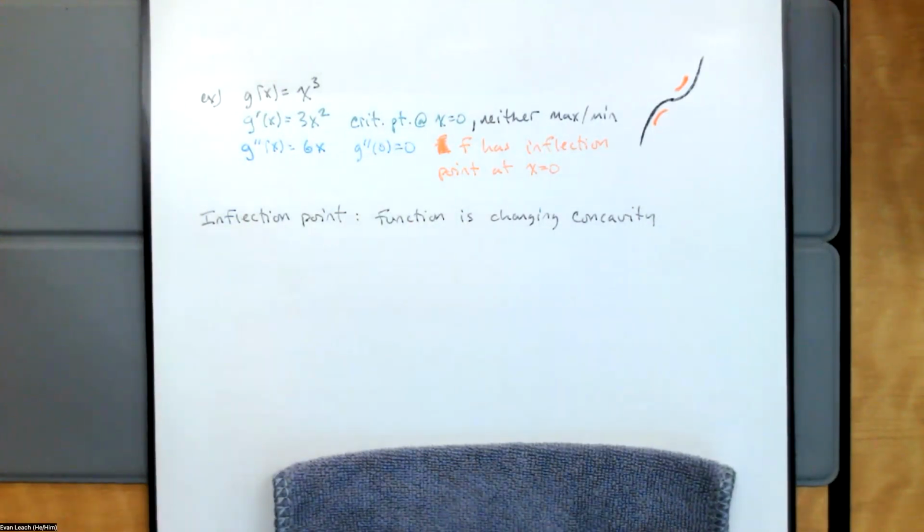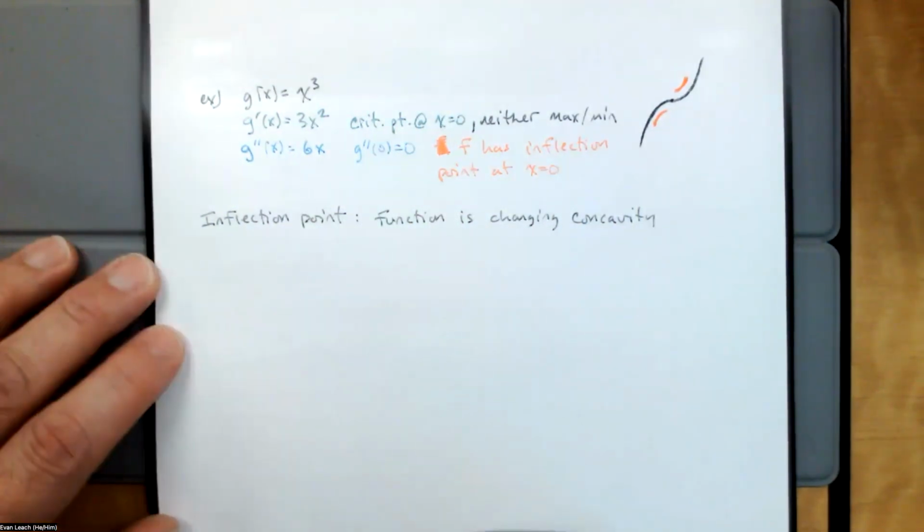At an inflection point, the function will be changing concavity. That means at an inflection point, the second derivative will be changing sign.